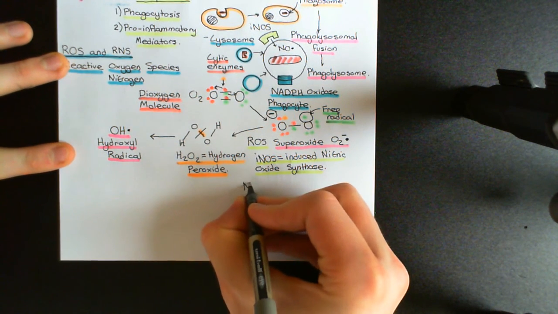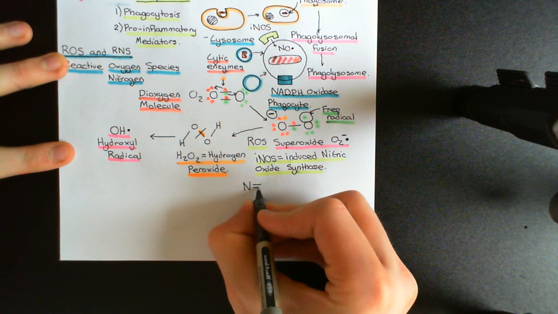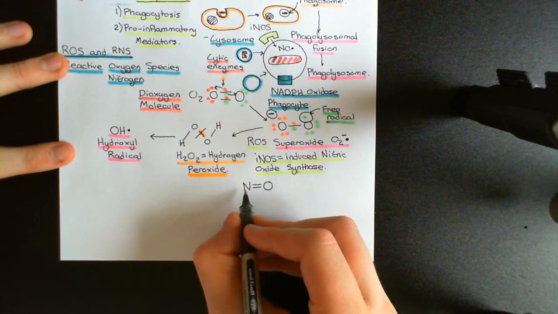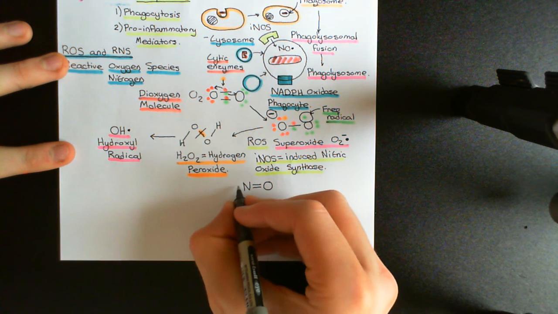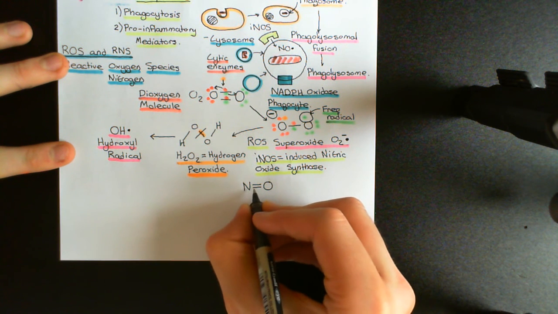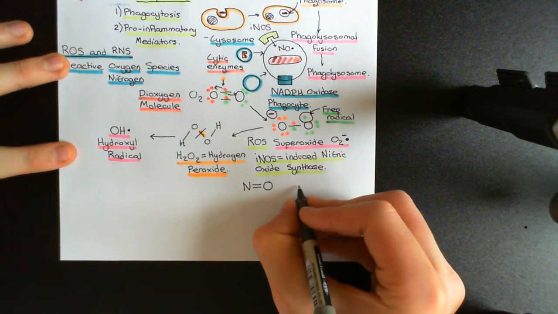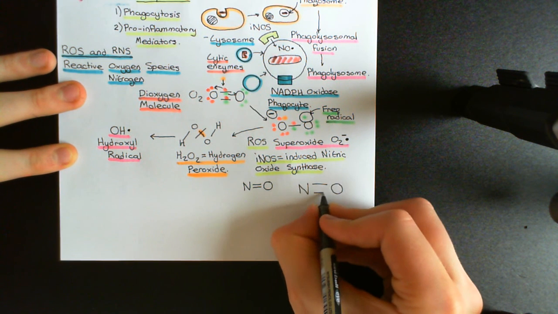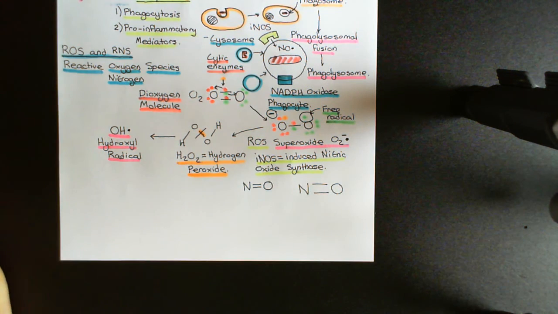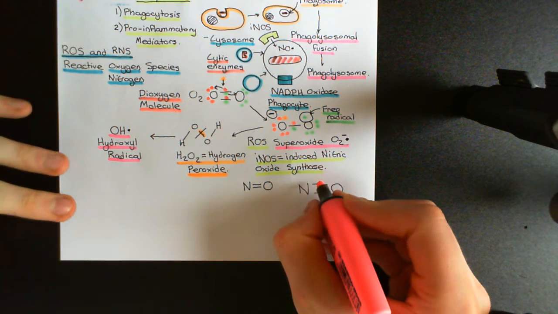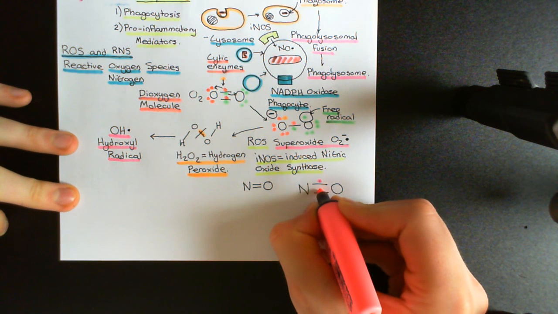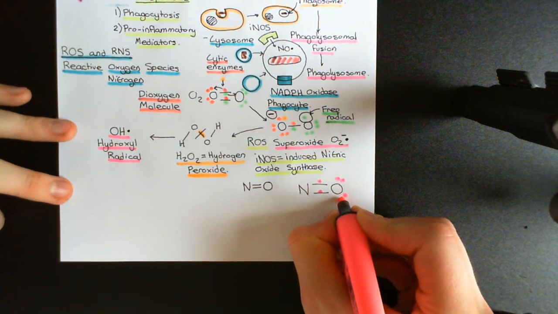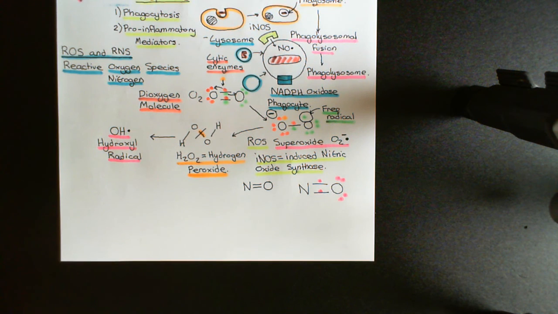So let me show you nitric oxide. We'll have our nitrogen here, and it's nitrogen double bonded to an oxygen like so. Now, let me draw that out again because I haven't left myself enough space to draw the electron dot cross diagram. So we'll have our nitrogen atom here, our oxygen atom here, and we've got a double bond between them. Let's go over the electronic configuration here. Oxygen has 6 outer shell electrons, so it's going to have 2 lone pairs here, and 2 of its electrons are going to be involved in the double bond.